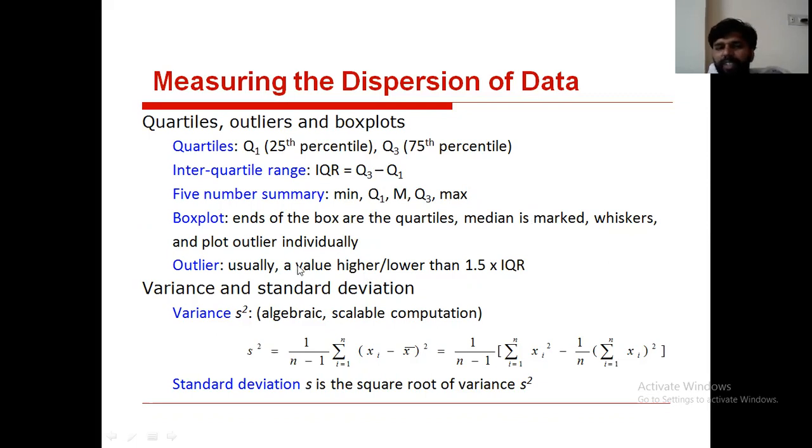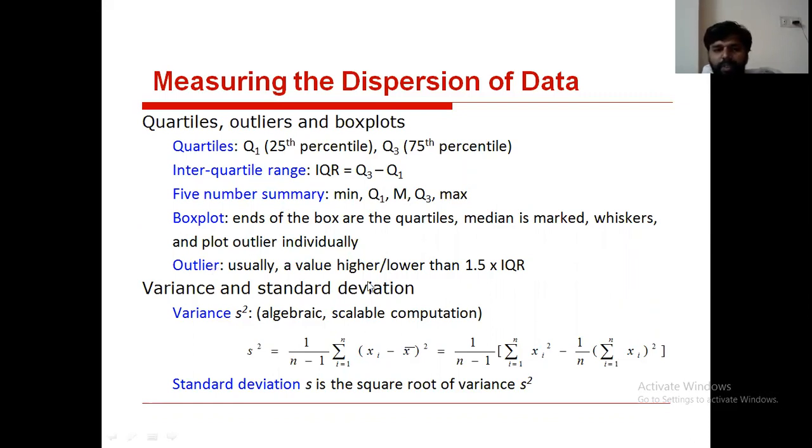Here outliers are represented like this. It is a higher value as well as a lower value. These are called outliers. What is an outlier? An outlier is a higher or lower value.